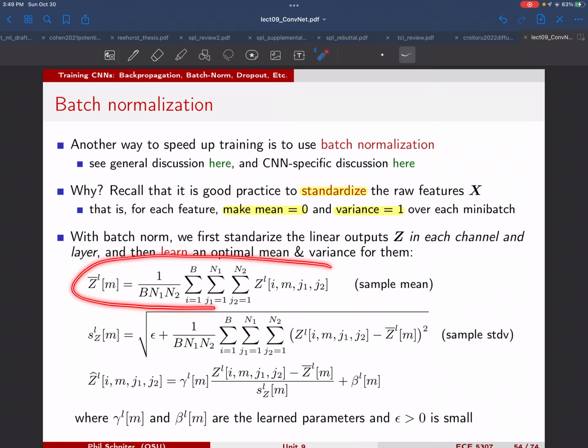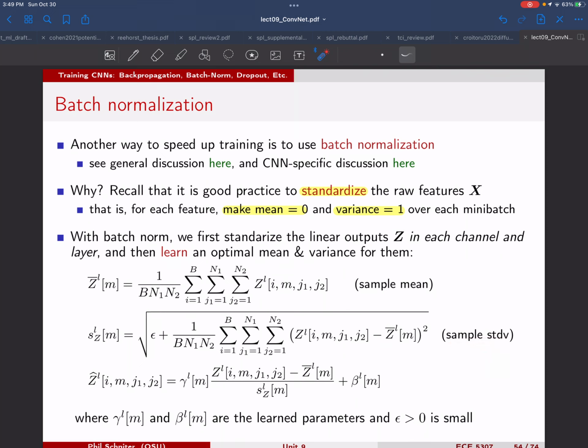This equation shows, for the Lth layer and the mth channel, how you would compute the sample mean. You average over the batch and all the horizontal and vertical pixels. This gives you a layer and channel specific sample mean. You can then subtract that sample mean from your features and look at the average squared difference, and that's the variance, and then take the square root of the variance to get the sample standard deviation.